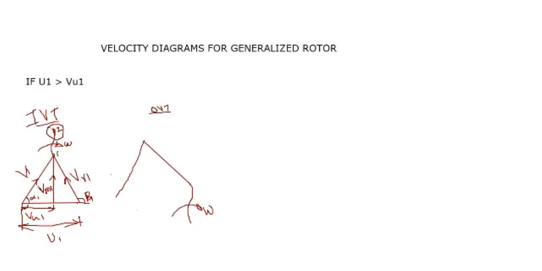Then this will be U2, V2, and motion, and this is V2, this is VR2, this is VM2.